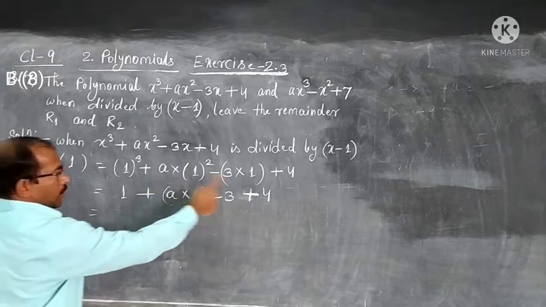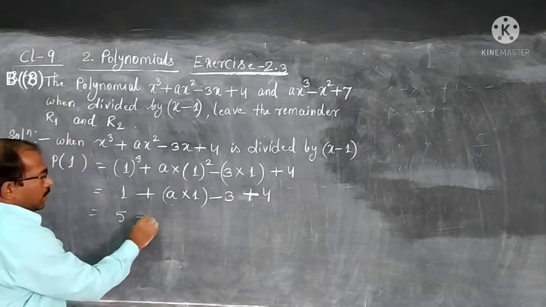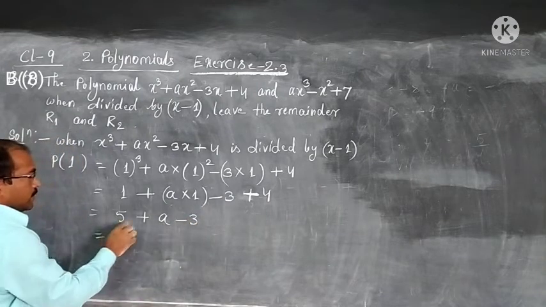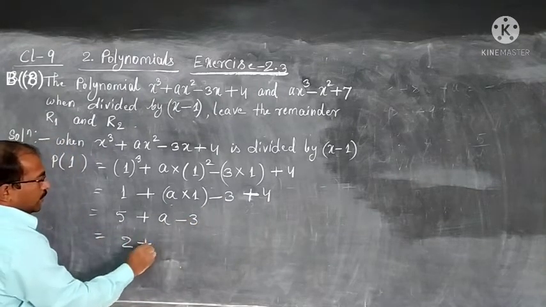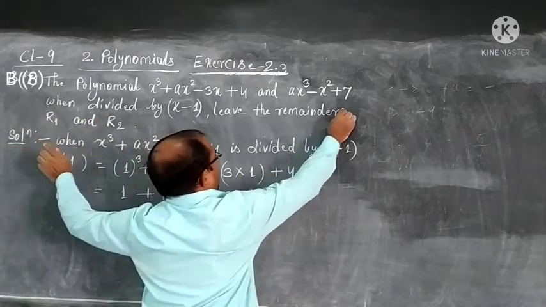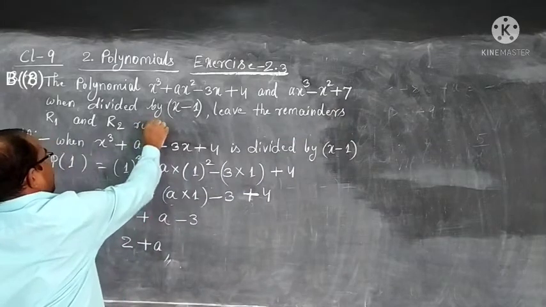So, 1 plus 4 we get 5, plus A minus 3, we get the first remainder 2 plus A.